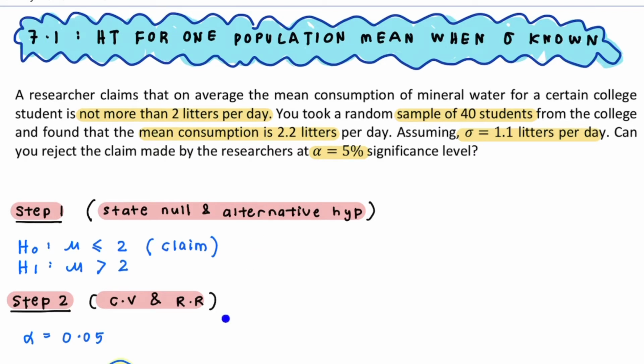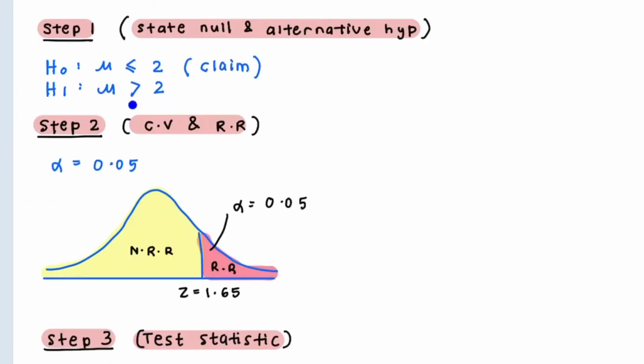Move to the second step, which is the critical value and also the rejection region. Remember the rejection region. How can you identify the rejection region? By looking at the alternative hypothesis. If you have the more than symbol, then your rejection region will be on the right hand side.